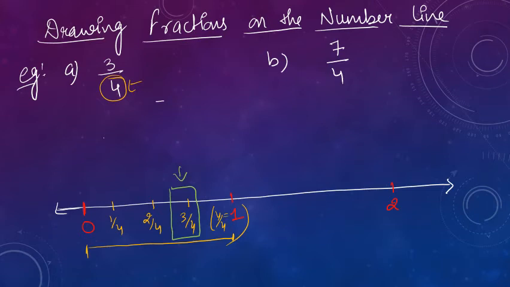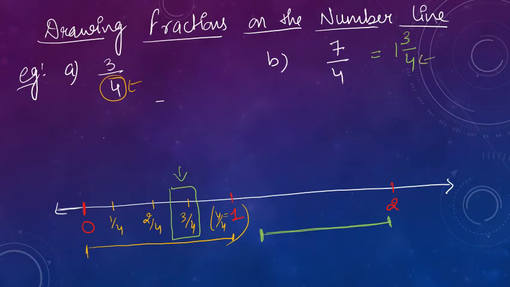Similarly, we are going to locate 7 by 4 on the same number line. Now 7 by 4 is actually an improper fraction, which can be written as 1 3 by 4. What does that mean? That this is definitely more than 1. So 7 by 4 is going to lie between 1 and 2. The second thing is the denominator is 4.